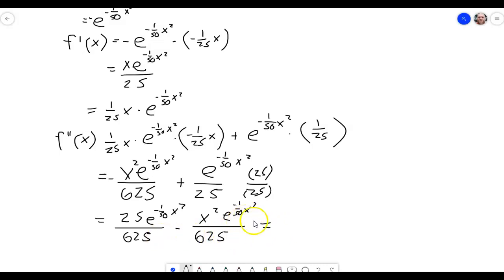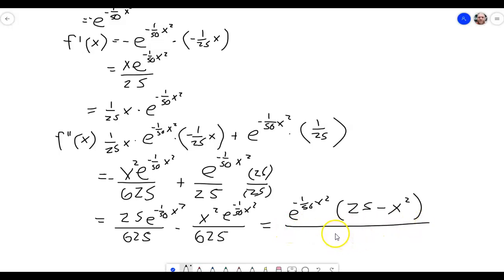And then we're going to combine that. So it's going to be, and I'm going to also pull out the e to the negative 1/50x squared, and that's going to leave me with, I think, 25 minus x squared, so 25 minus x squared all over 625.